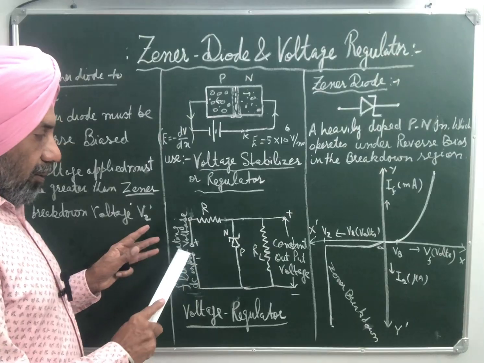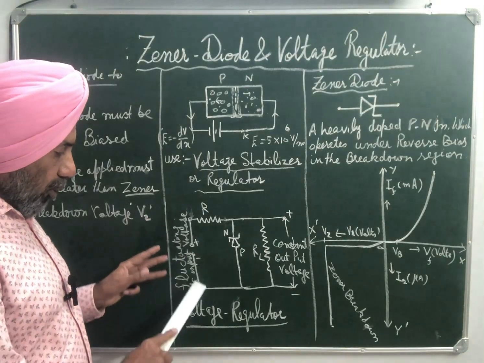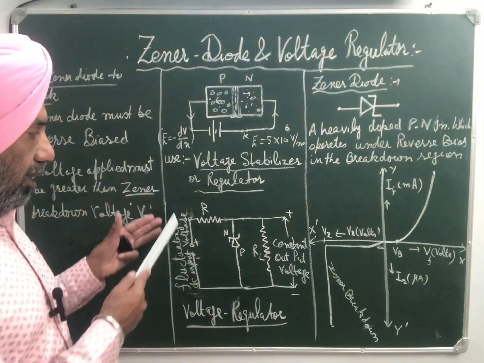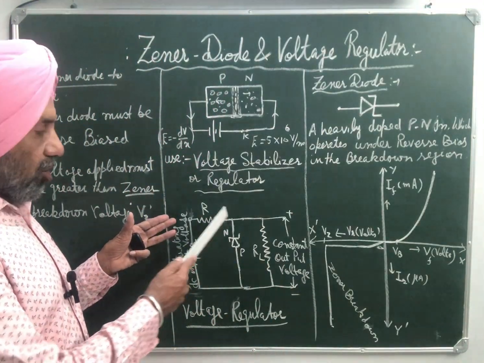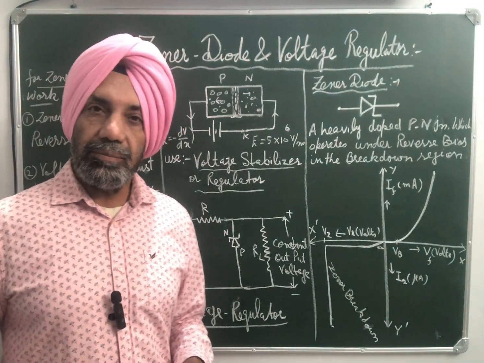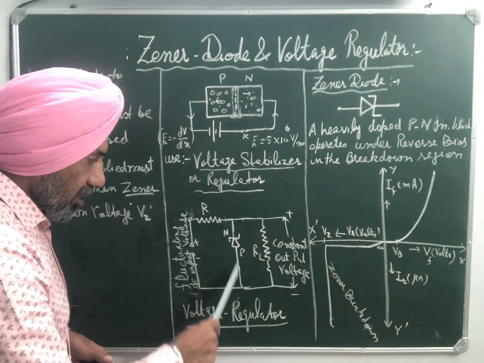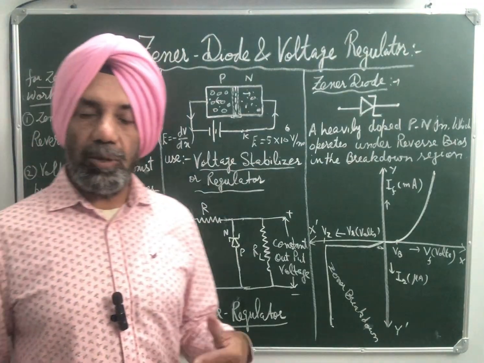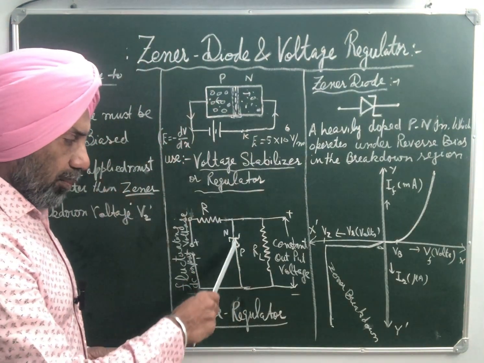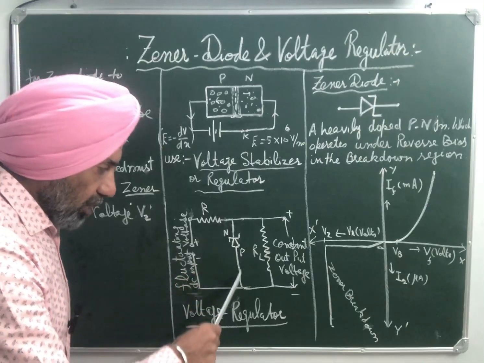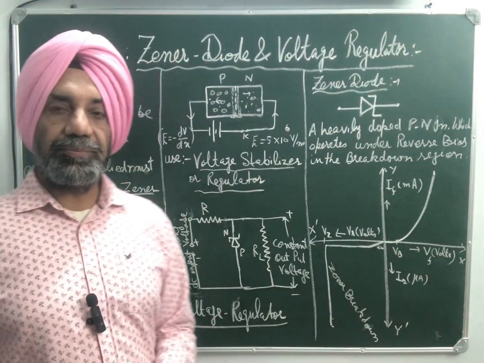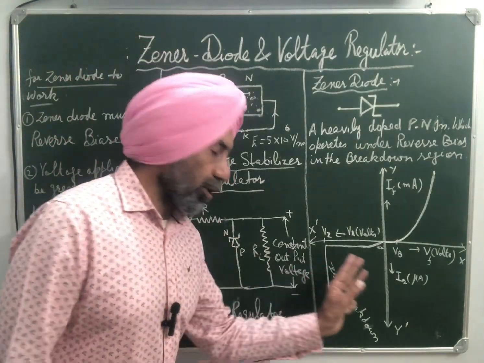So again I repeat, when the fluctuating input voltage increases beyond the Zener voltage, the potential difference across R increases. As a result, the resistance of the Zener diode becomes negligible, and beyond Zener voltage most of the current passes through the Zener diode, and current through the load remains the same. So we get constant output across the load.